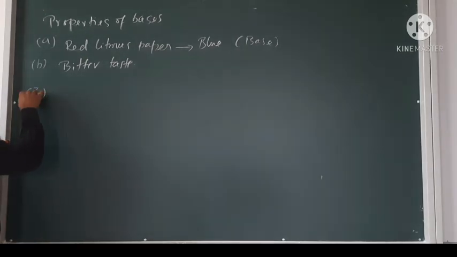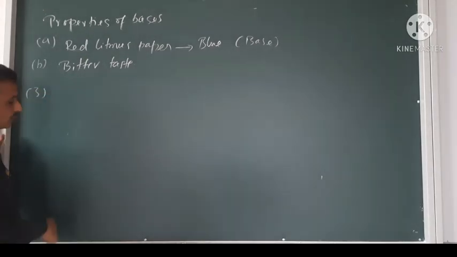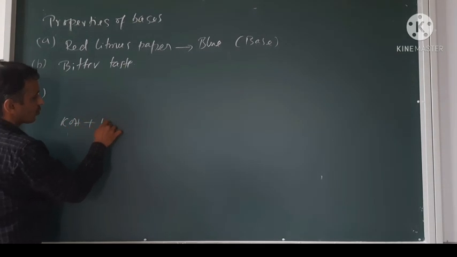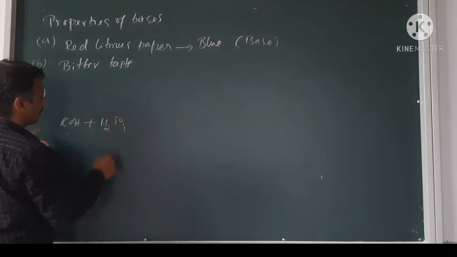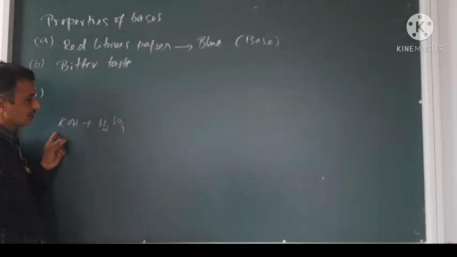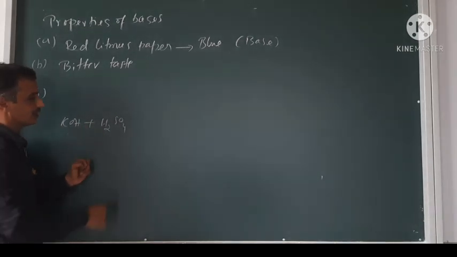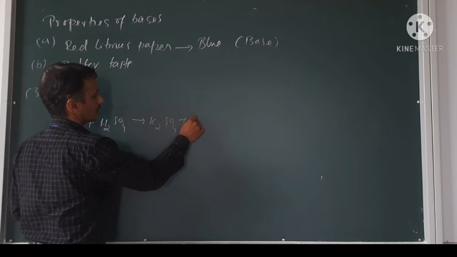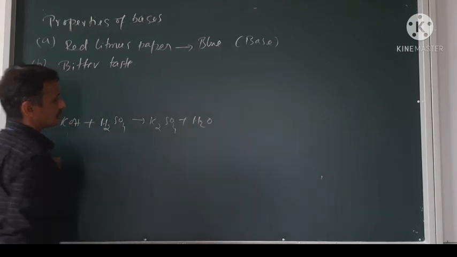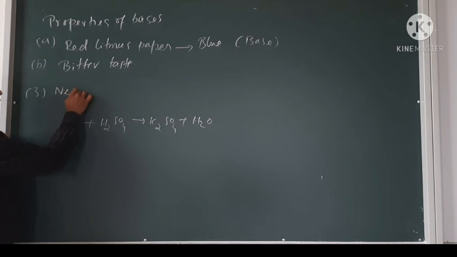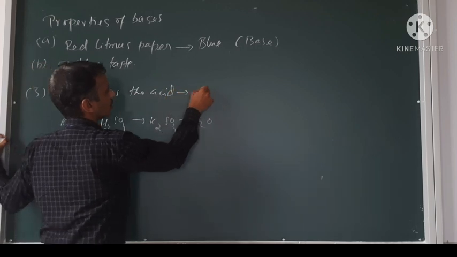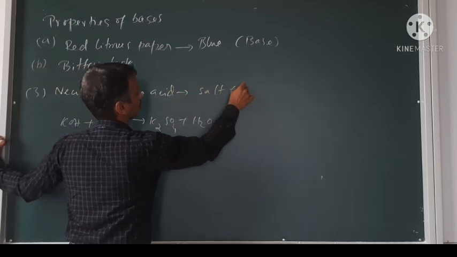Now, when potassium hydroxide is treated with sulfuric acid, what happens? This is a base; it neutralizes the sulfuric acid, giving K2SO4 and water. It neutralizes the acid, giving salt and water.